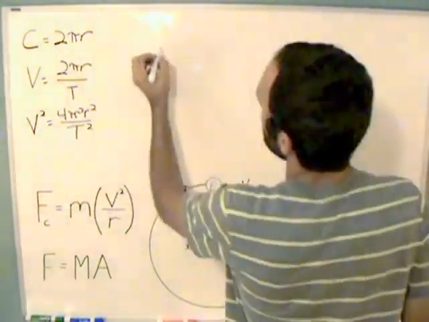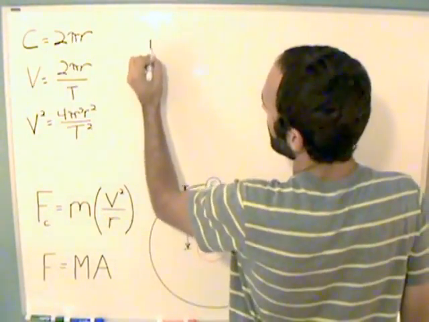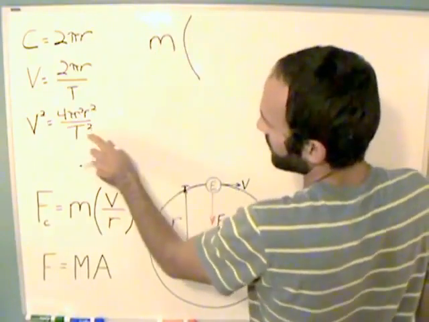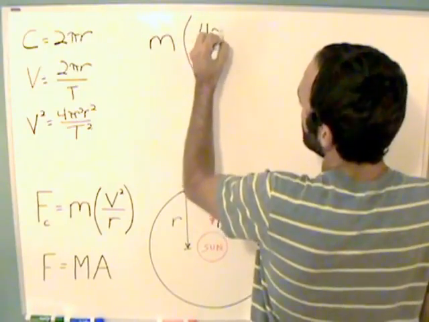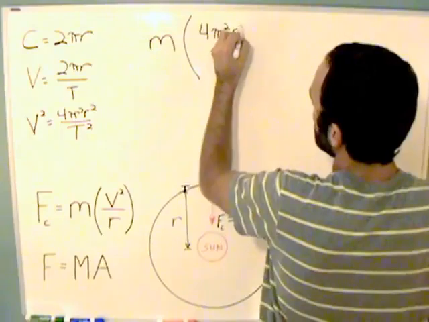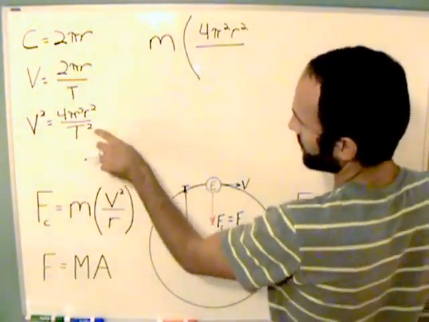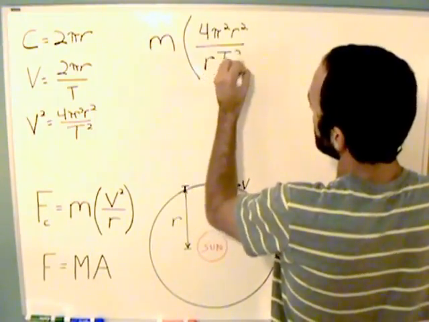Going back to that original equation, we can write the centripetal force equation with that original relationship. We substitute this for V squared, and that gives you 4 pi squared times r squared over r, because r was still on the bottom, and this T squared comes down here, over r times the period squared.